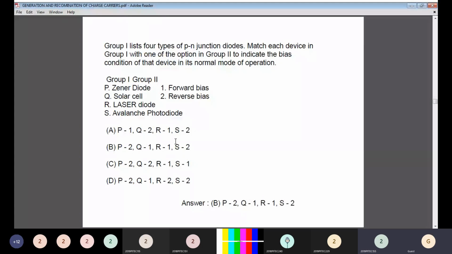The options are P1, Q2, R1, S2; P2, Q1, R1, S2; P2, Q2, R1, S1; P2, Q1, R2, S2. The correct answer is option B, P2. P is Zener diode in reverse bias, Q1 is solar cell in forward bias, R1 is laser diode in forward bias, and S2 is avalanche photodiode in reverse bias.